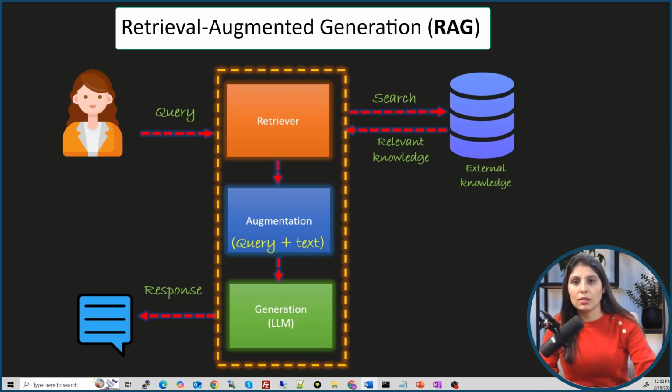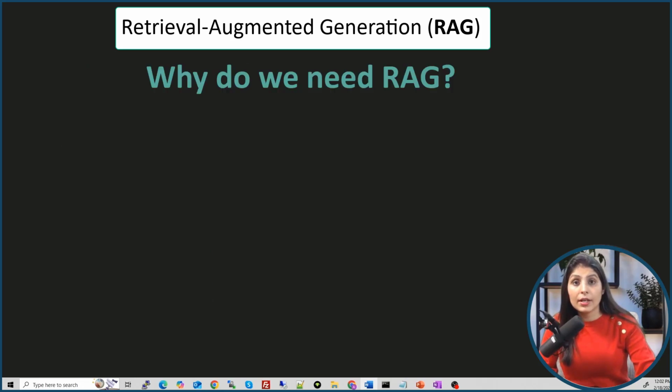So let's start. First, let's understand why we need RAG. Standard LLMs can't update themselves after training. So sometimes they give us outdated or incorrect answers, right? Means LLMs learn from a fixed data set, which means they don't update after training.